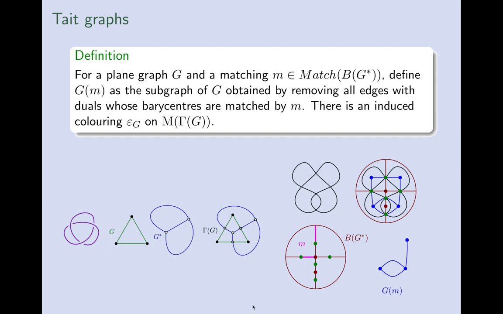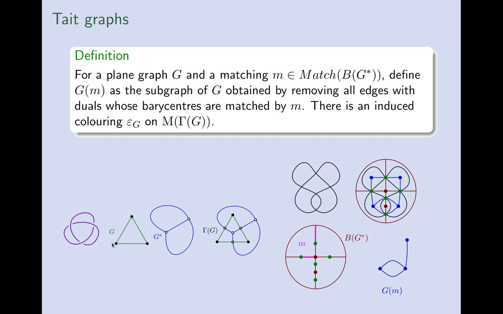So this picture on the left, we can start from a knot diagram or a link diagram on the two-sphere. Forget about the information over and under, so we're just looking at the knot projection, and then color in a checkerboard fashion in black and white all the regions that are in the complement of this projection of a knot or a link.